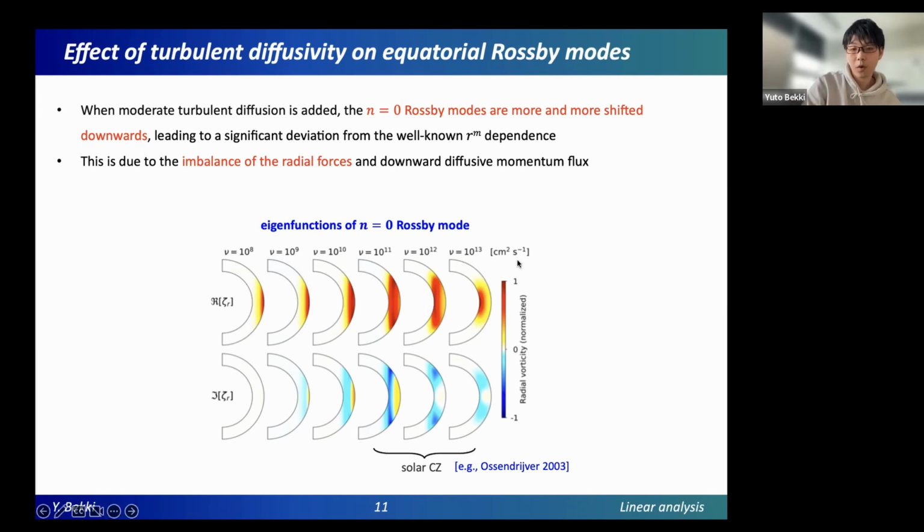They tend to be more and more confined near the base of the convection zone. So this is a significant result because this r to the m dependence has been implicitly assumed in many studies.